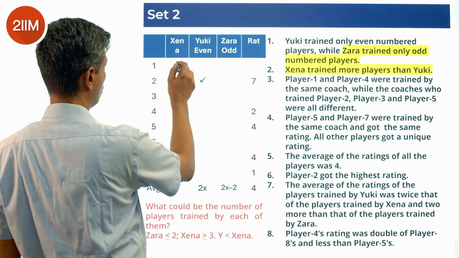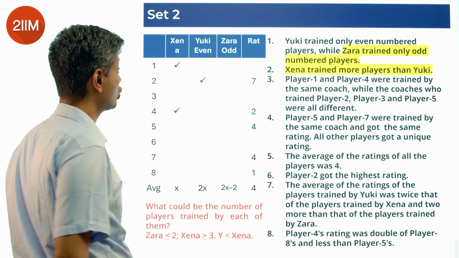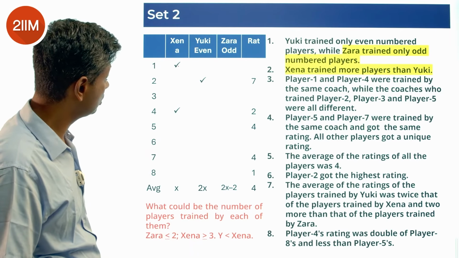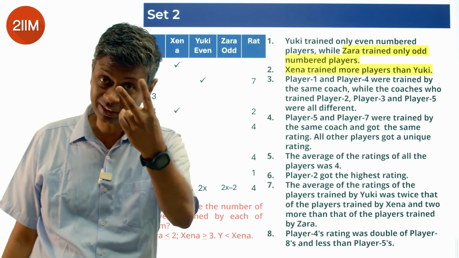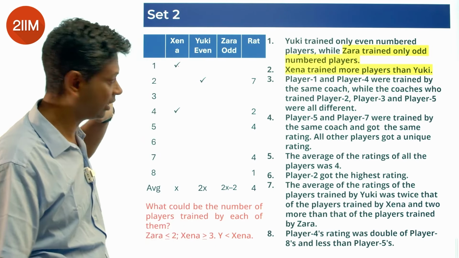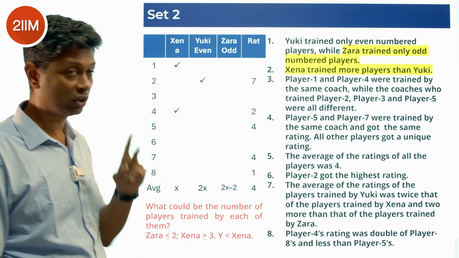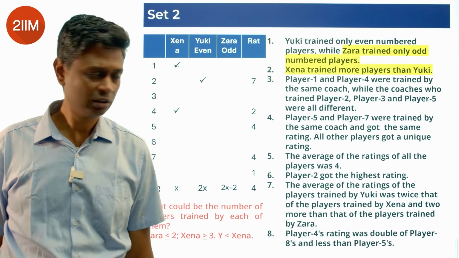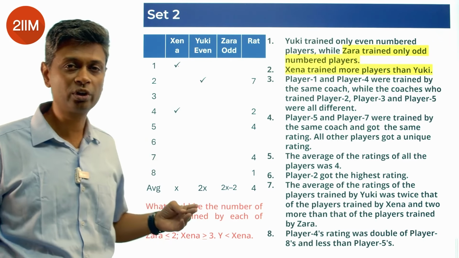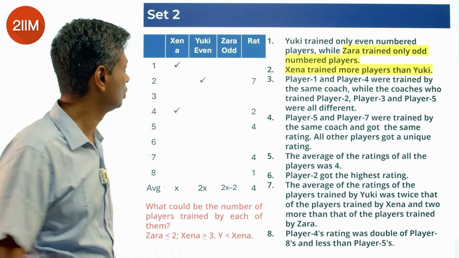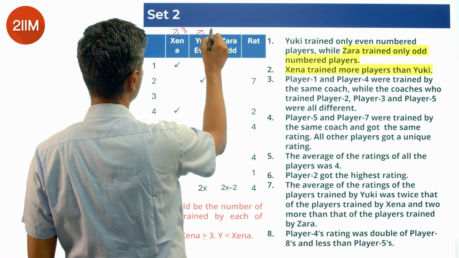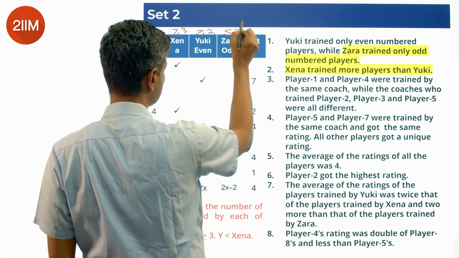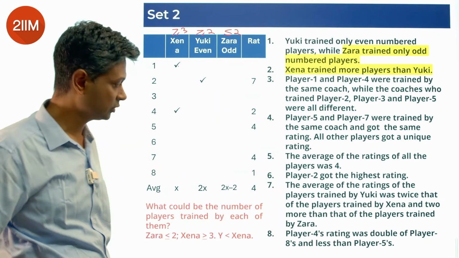If you look at odd numbered, 1 is here, Zena has to have trained one of 3 or 5. 2 odd numbers are taken. One is already by Zena, and of 3 or 5, one of the other ones has to be by Zena. So Zara could have trained a maximum of 2. So Zena is greater than or equal to 3, Yuki is greater than or equal to 2, Zara is less than or equal to 2. Nice.